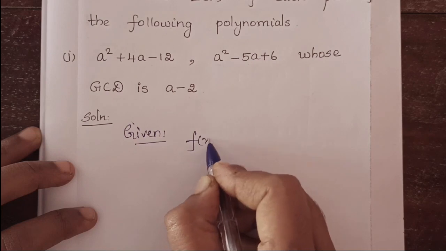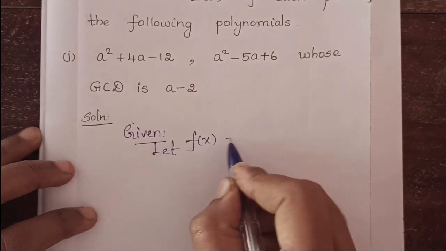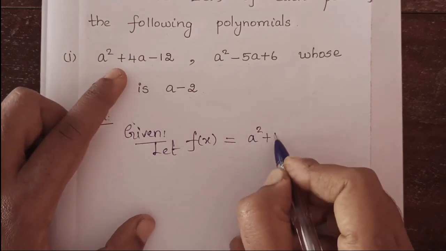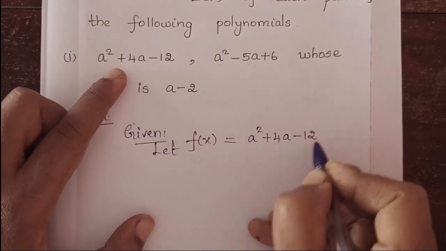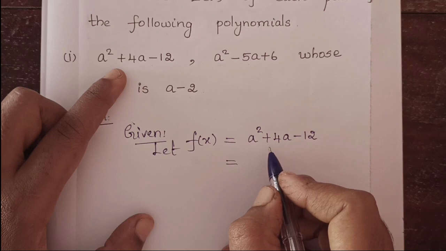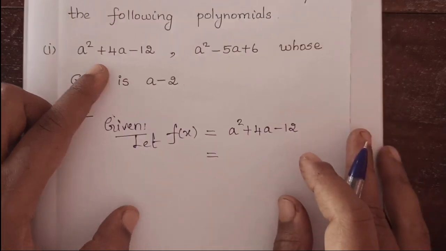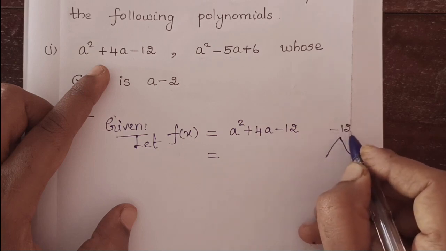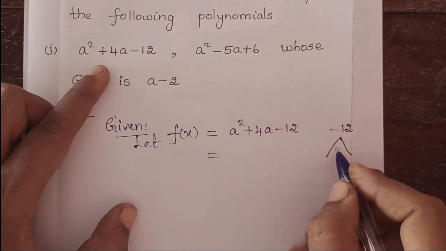First one, f of x, we can take let. So let f of x equal to this polynomial. First polynomial, a square plus 4a minus 12. Since it is a quadratic polynomial, we can factorize. We will get two factors. When we multiply, we need to get minus 12, and when we add, we need to get 4.